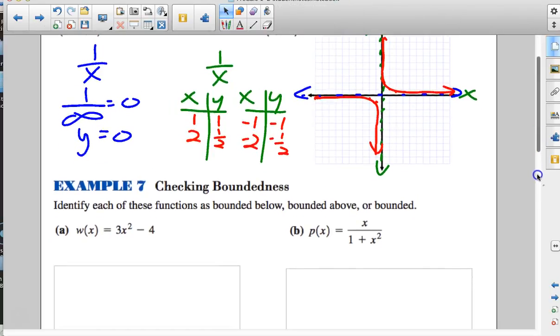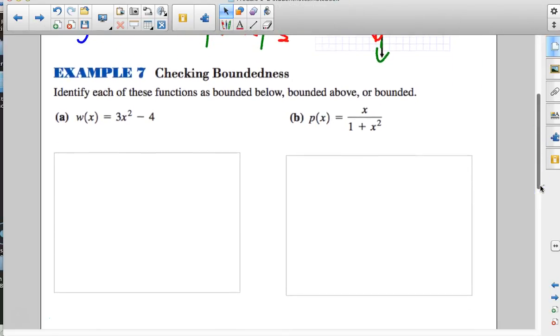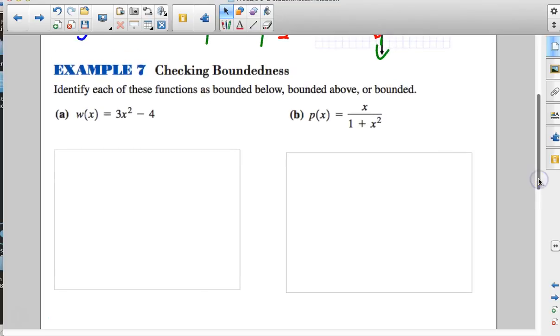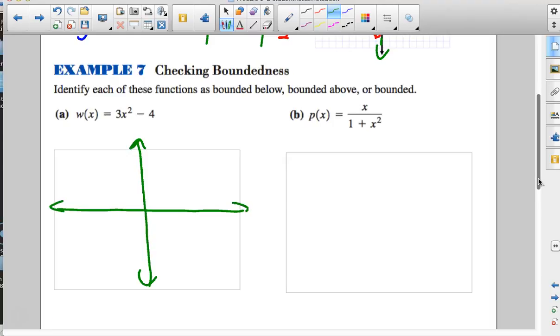All right, so down here, checking boundedness. Identify each of the functions as bounded below, bounded above, or bounded. So start thinking about what this looks like. And x squared is a parabola. 3x squared means it's going to go up a little steeper. But then I see the -4 tells me what? Down 4.